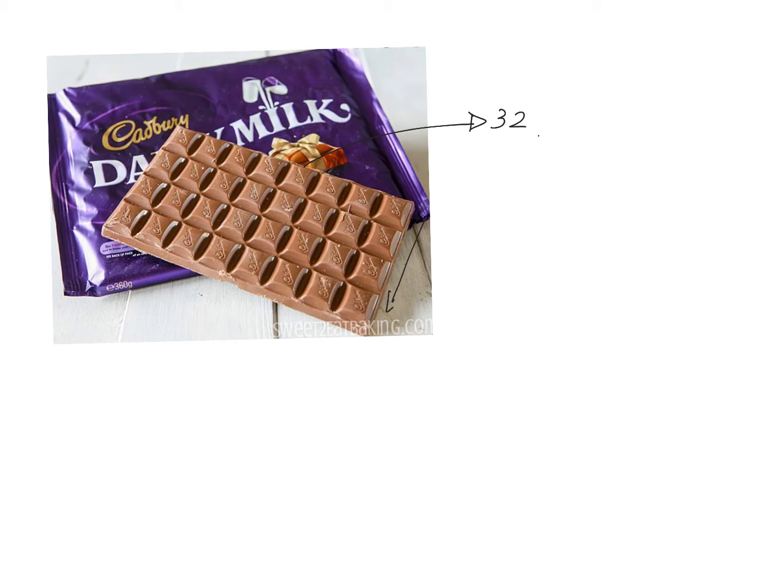There are 4 pieces this way. There are 8 pieces this way. And then each one is broken into smaller sections. So if you look at the area, it's equal to 32. 8 times 4 is 32.